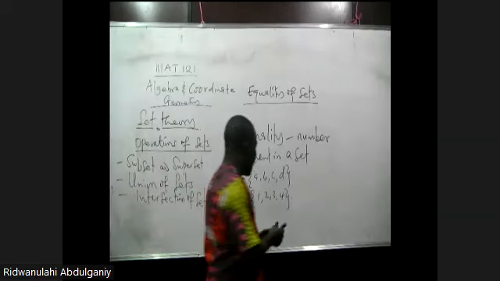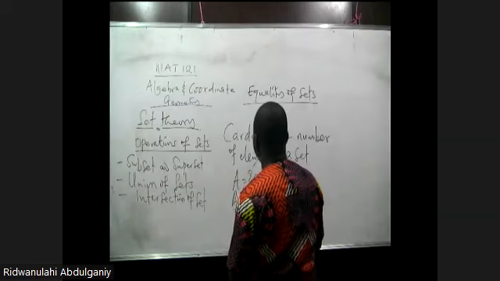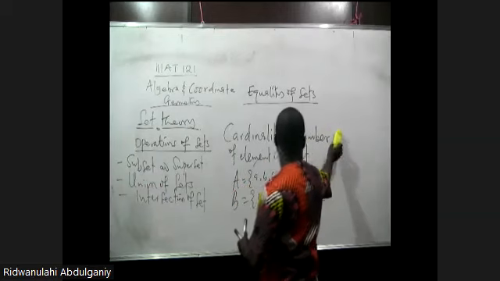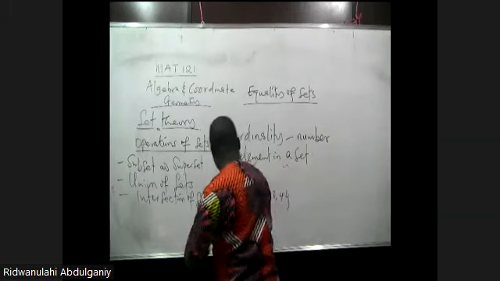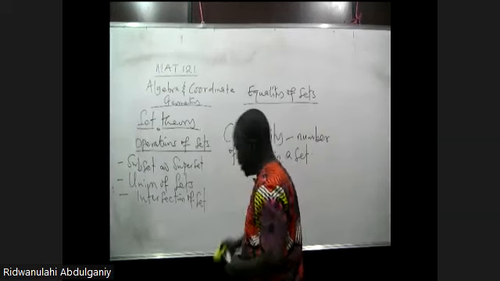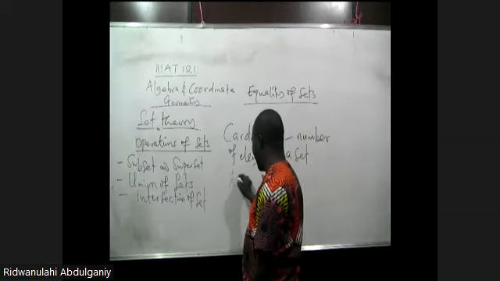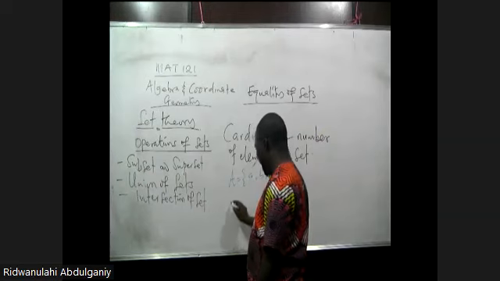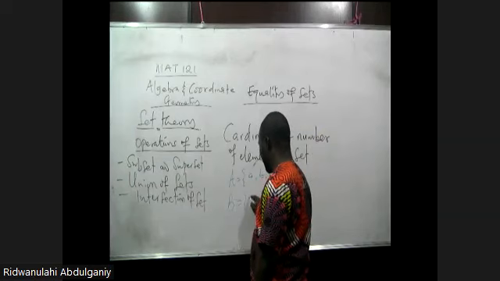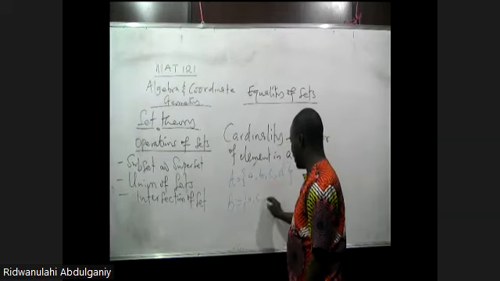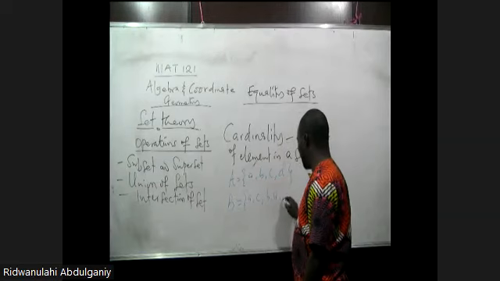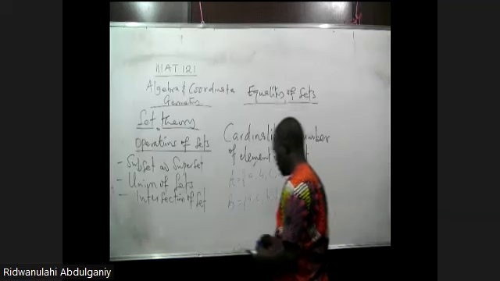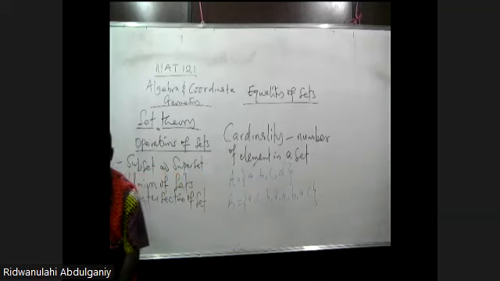Okay. Let me take another example, Khadija. Suppose I have set A equals A, B, C, D, and I have set B equals A, C, B, A, B, B, A, C. Are these two sets equal?